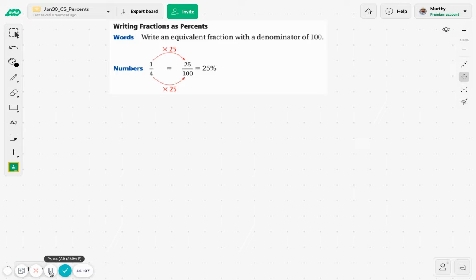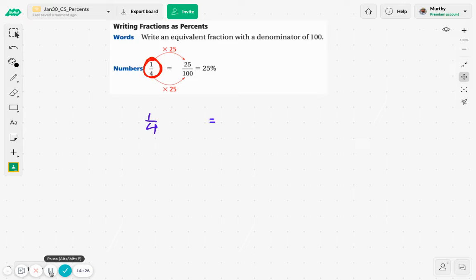Again, a quick recap. In case you are given a fraction, to write it in terms of percentage you may multiply with some number so that the denominator turns out to be 100. Let's say 1 over 4.